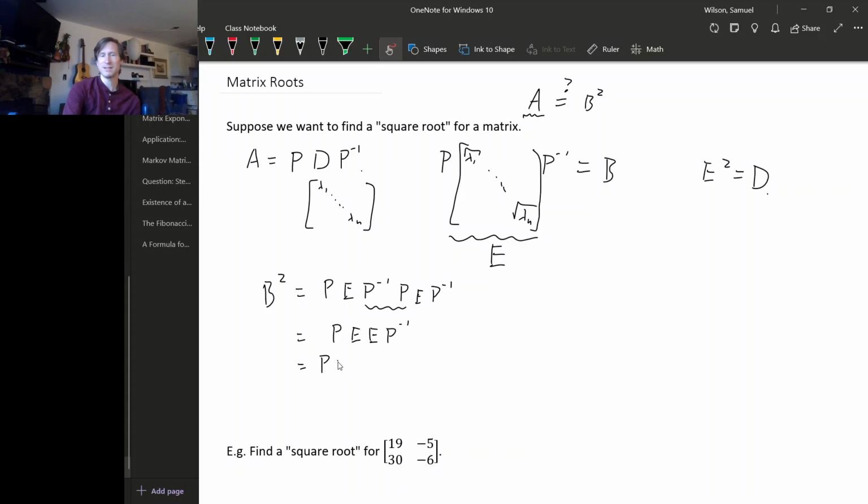But this is P times E squared times P inverse. But E squared is D, times P inverse, but this is A. So you can see if we have a diagonalizable matrix with positive eigenvalues, then we can always find a square root just by replacing the diagonal matrix of eigenvalues with the diagonal matrix of the square roots.